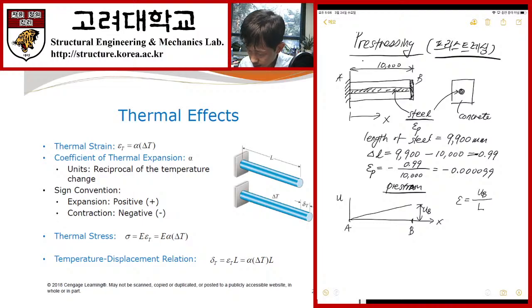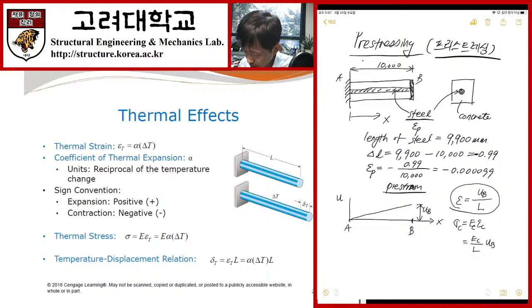The stress of concrete, sigma c, is equal to the elastic modulus times the strain of concrete. The strain of concrete is the same as the total strain, so this is equal to the elastic modulus of concrete divided by the length L, times UB.